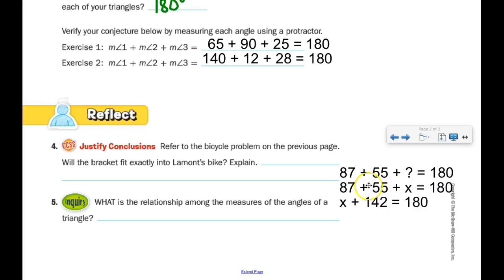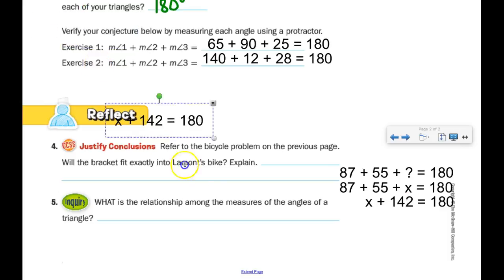All right, you see what I did there? I just combined these two things and changed the order around because again, in addition, order is not important. So then I would subtract 142 from both sides. 180 minus 140 is 40, minus 2 more would be 38. So x equals 38 degrees.